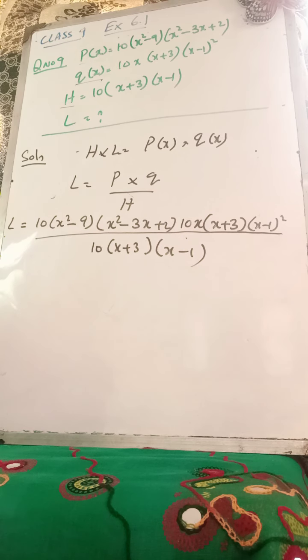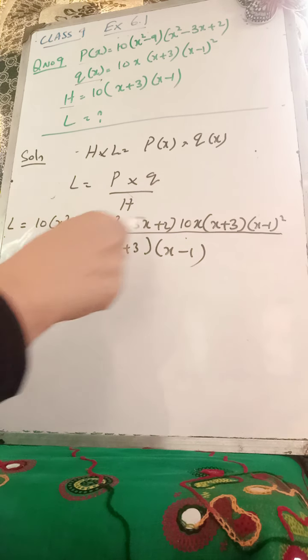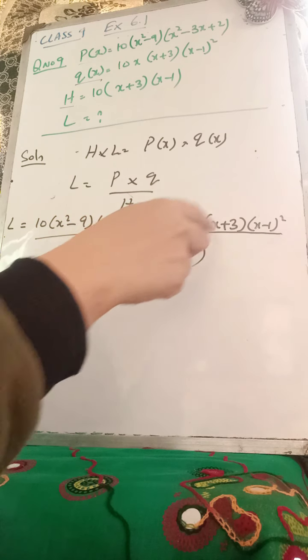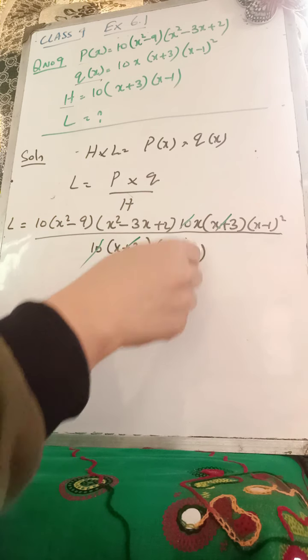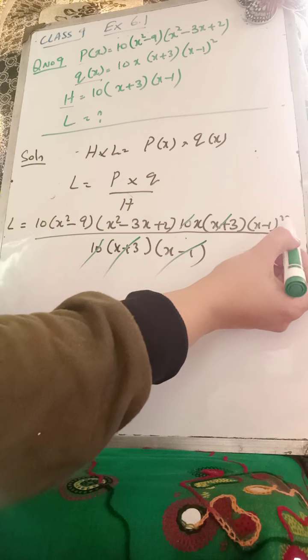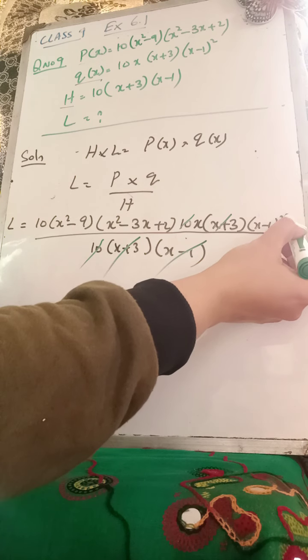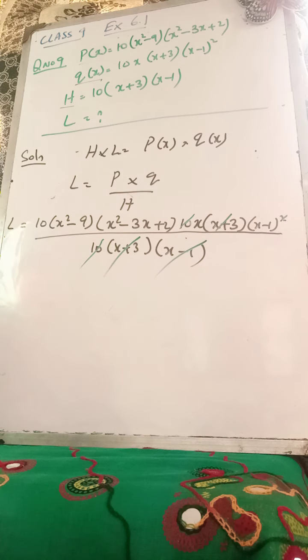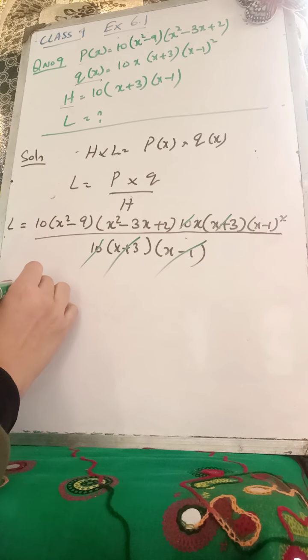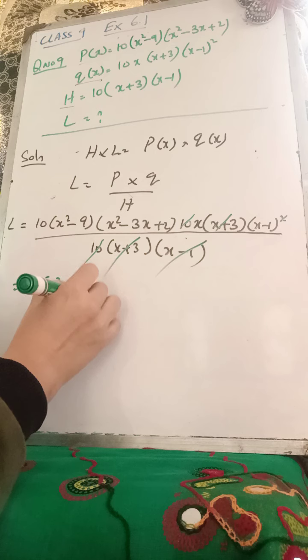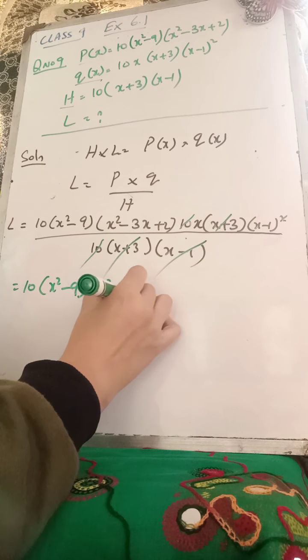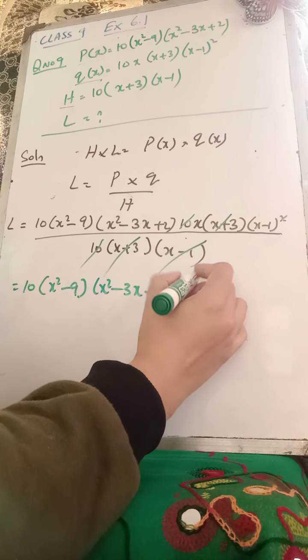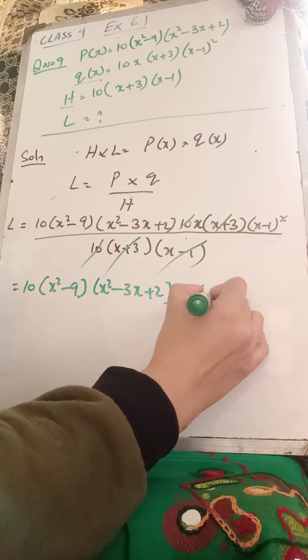Now as you may see, 10 will be cancelled out with 10, x plus 3 can be cancelled out with x plus 3, and x minus 1 will be cancelled out with one of these, since it is x minus 1 whole square, so one of the x minus 1 will be cancelled out, and we will be left with x minus 1 only. So the remaining factors, LCM will be 10 into x square minus 9, x square minus 3x plus 2 into x minus 1.